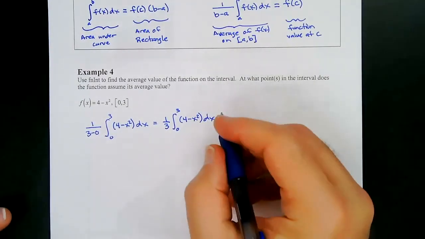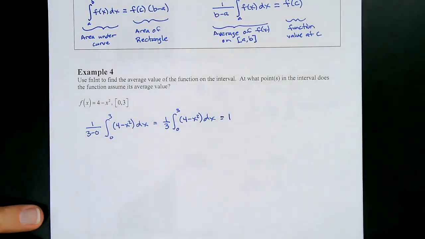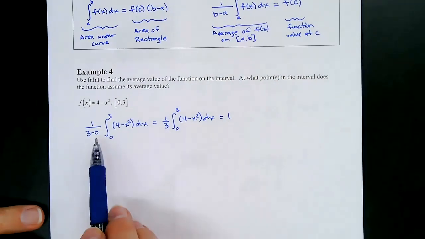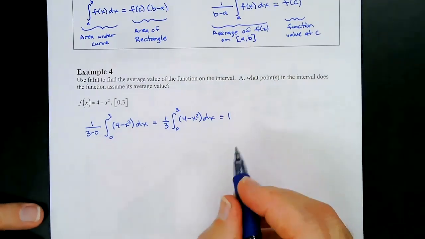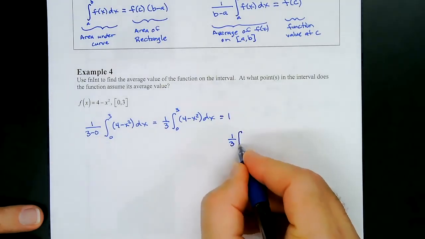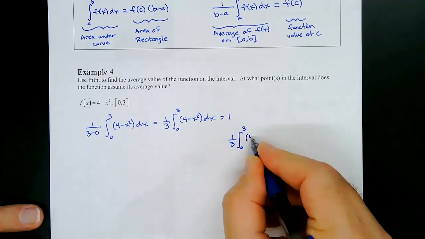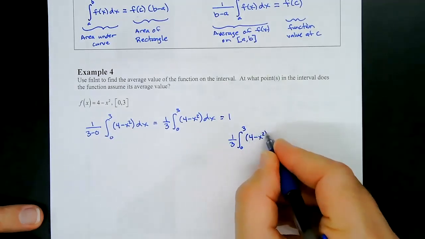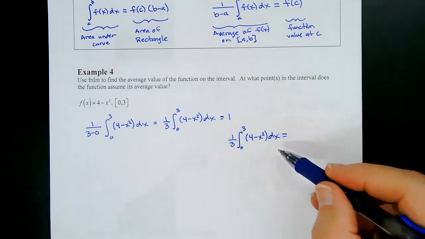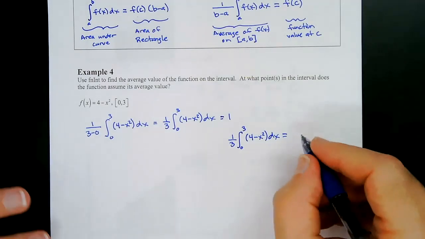So from our calculator, we got a value of 1. Okay, so I'm going to use this. This 1 is the average value, right? So I know that if I take 1 over 3 times the integral from 0 to 3 of 4 minus x squared dx, that has to be the same as putting some number into the function and getting the output out.